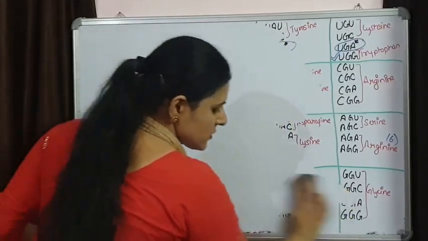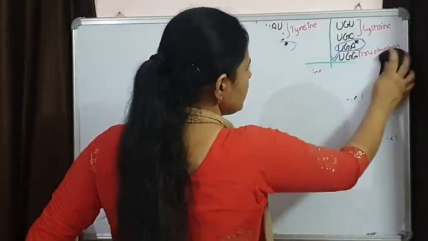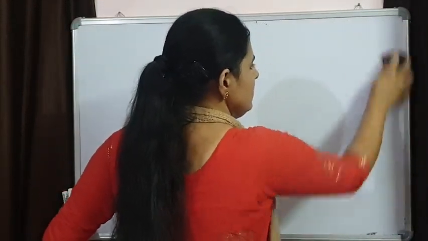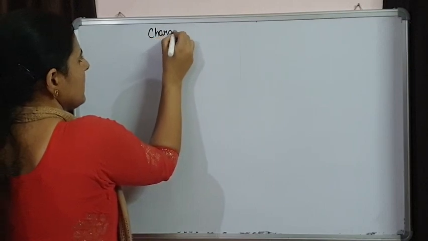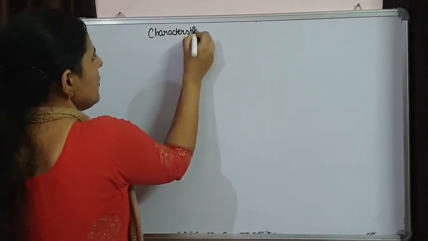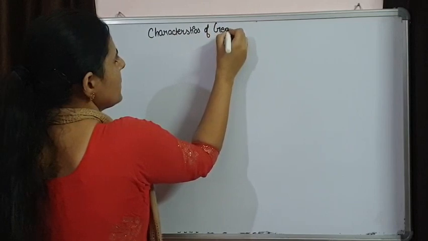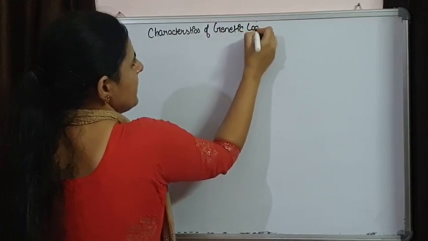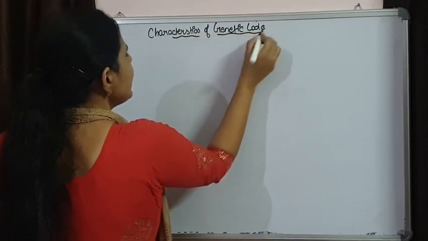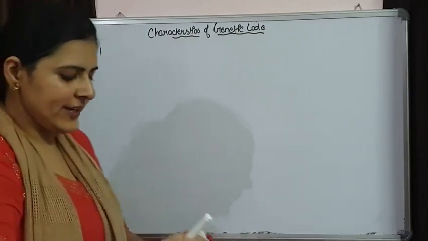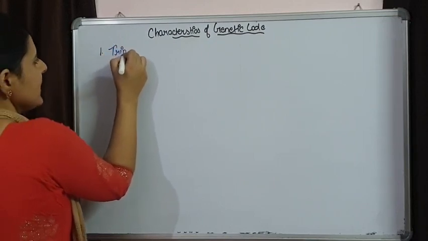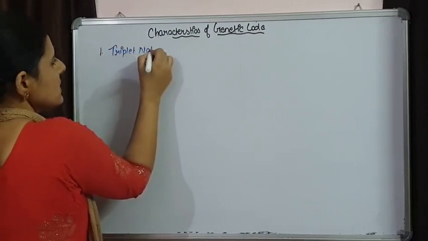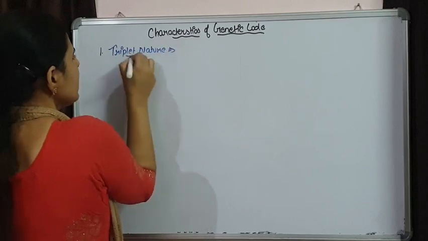Characteristics of genetic code. The first characteristic of the genetic code is that it is a triplet code, that means triplet in nature.